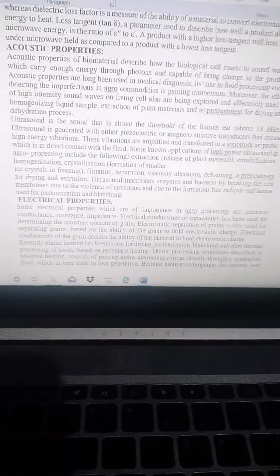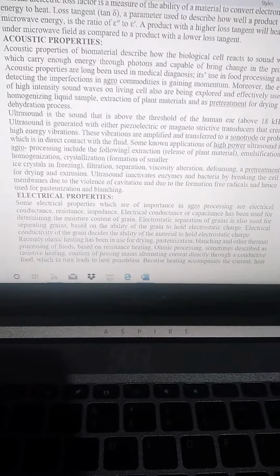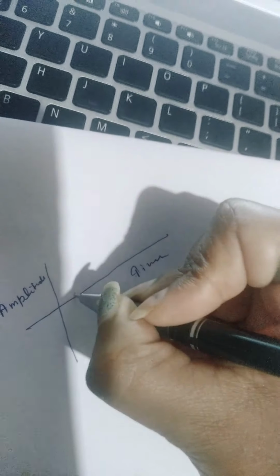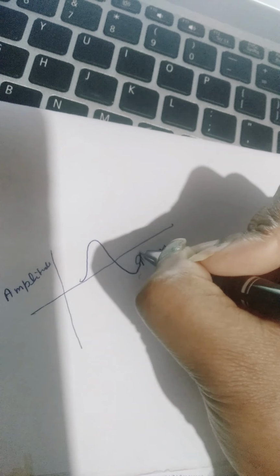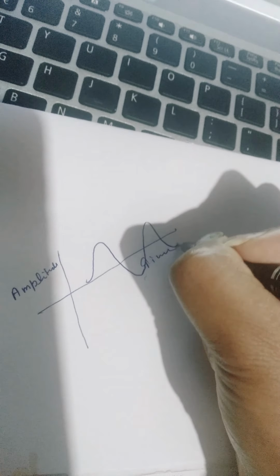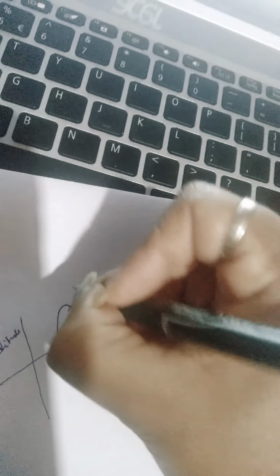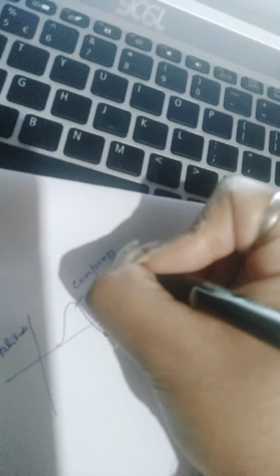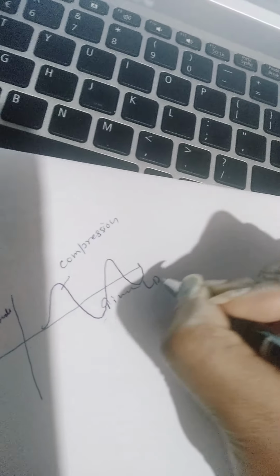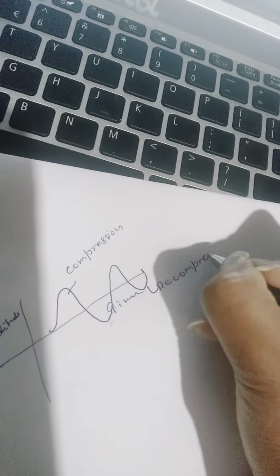So now how can we use these acoustic properties in our food industry? Okay, we know if we make a curve between time and amplitude, then we get a sinusoidal curve. This one is compression and this one is decompression.